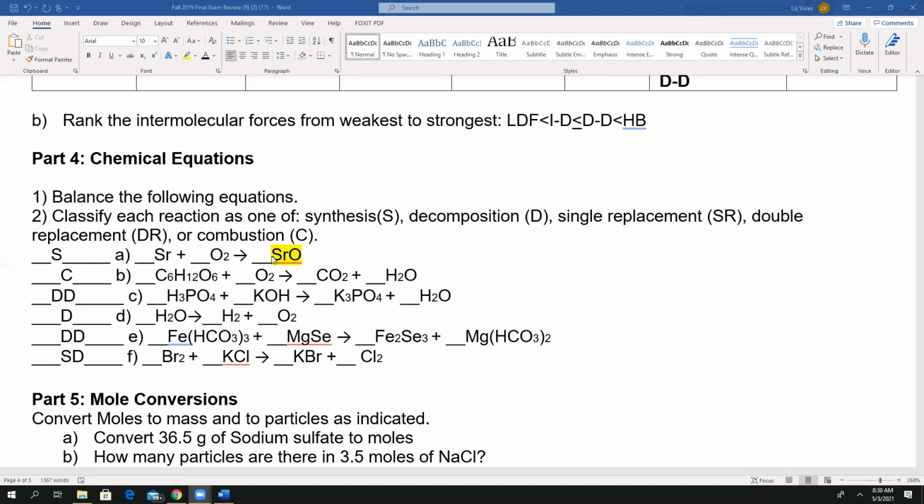All right, so we can see we need a 2 because we have 2 oxygens, so we need a 2 right here. I'm going to make this a different color, red. So 2.